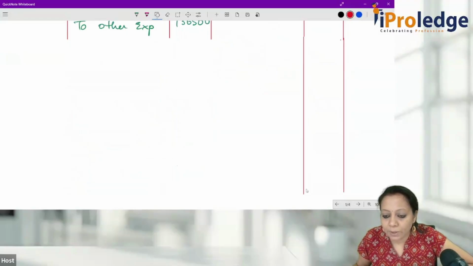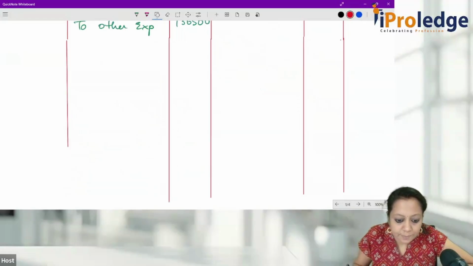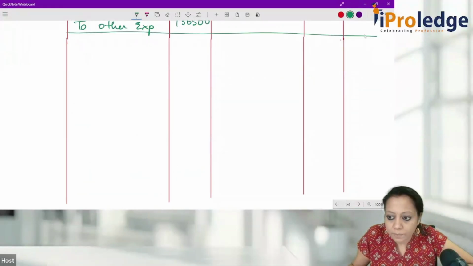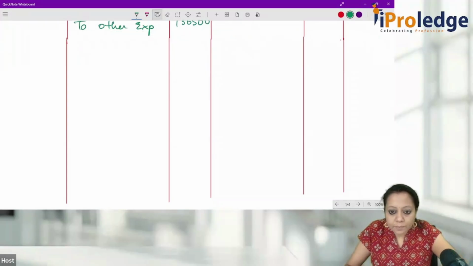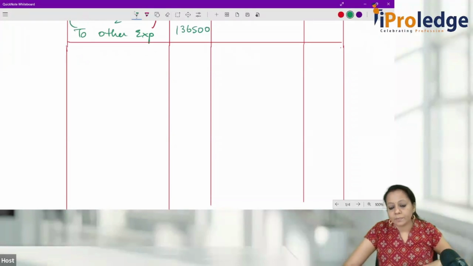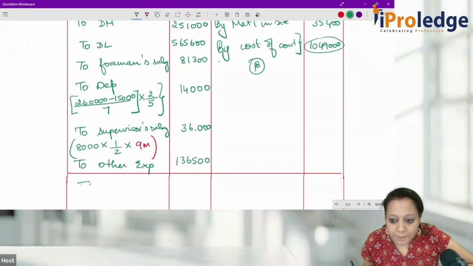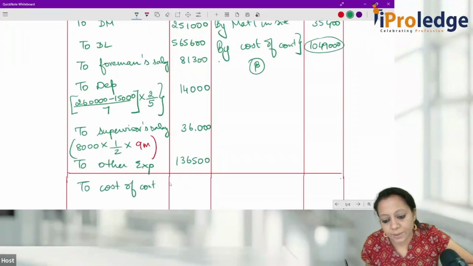In the beginning, whatever format we discussed for contract, I'm following the same. Now we all know that this cost of construction will come here. So the cost of construction is going to be 10,49,000.